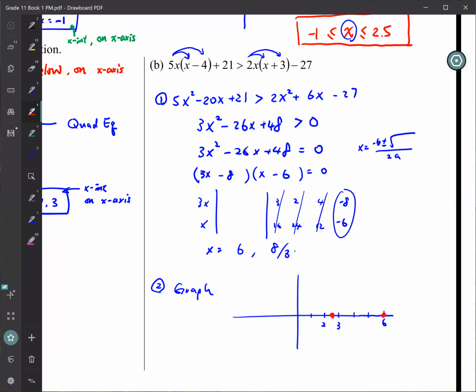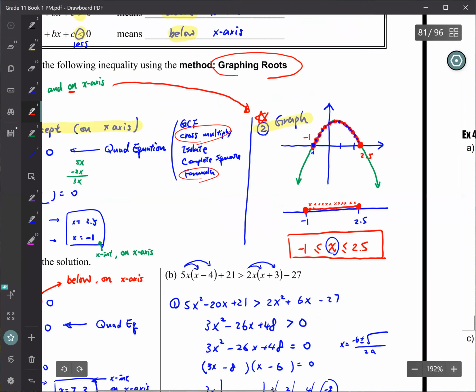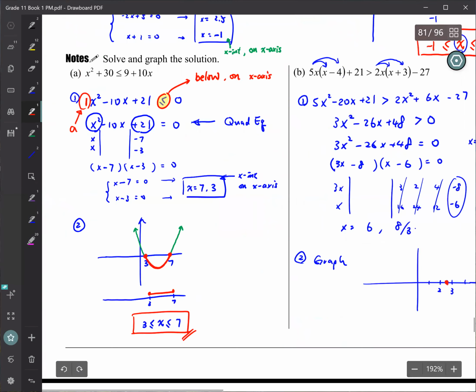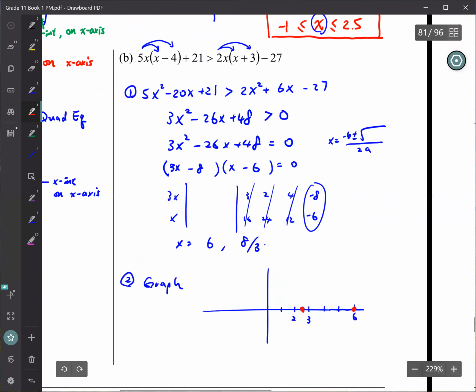We are not there yet. Right now, we are just drawing the parabola. How do you know the parabola should be open up? Because sometimes it's open down, right? The first question is open down, second question open up. What about this one? How do we tell?